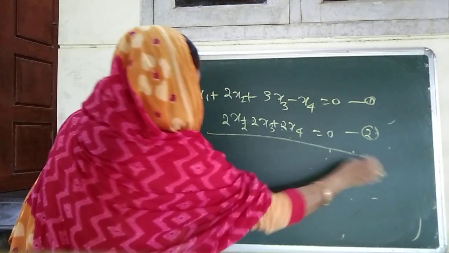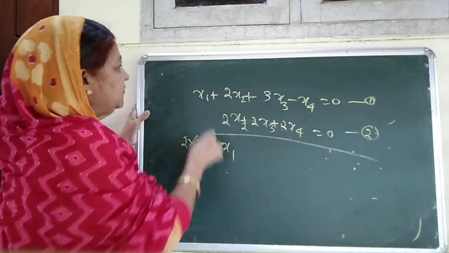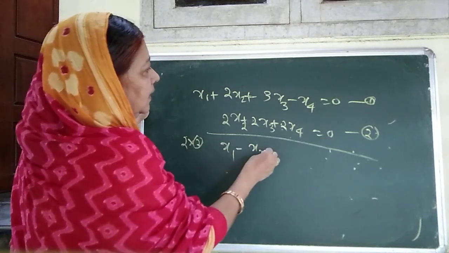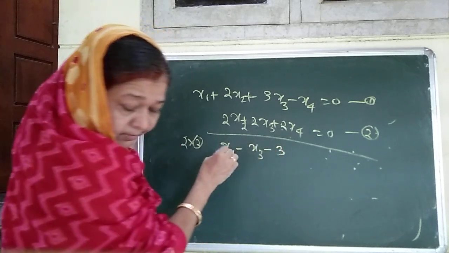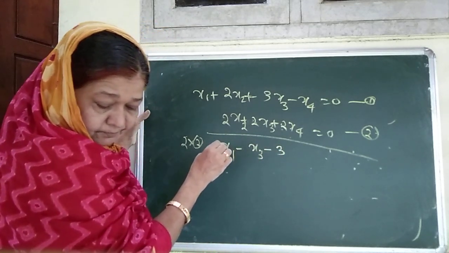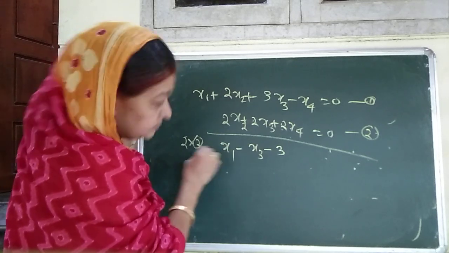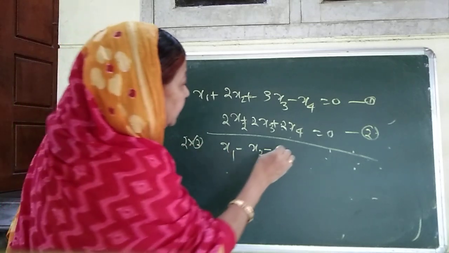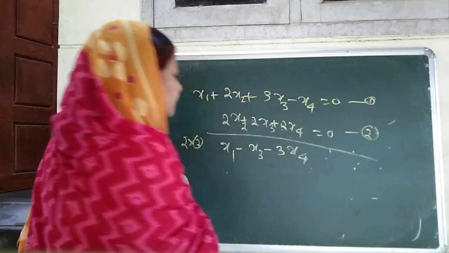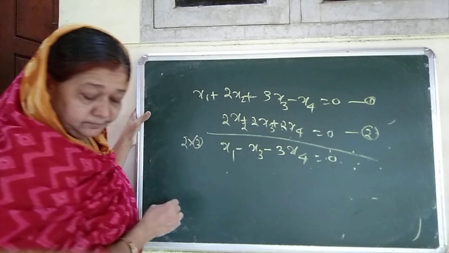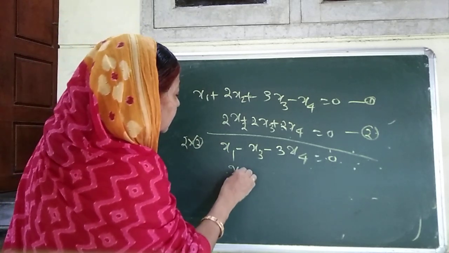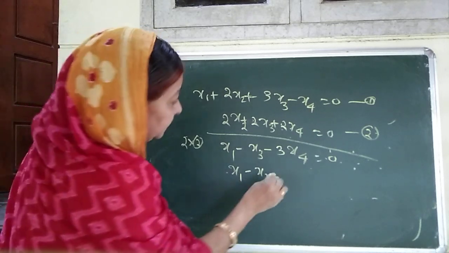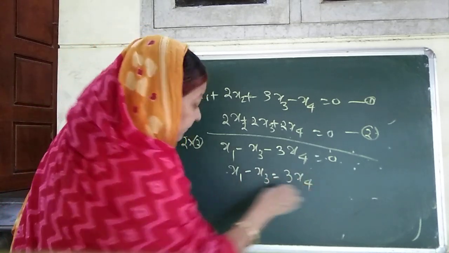Therefore, subtracting, we get x1 minus x3 minus 3x4 equal to 0, or x1 minus x3 equals 3x4.